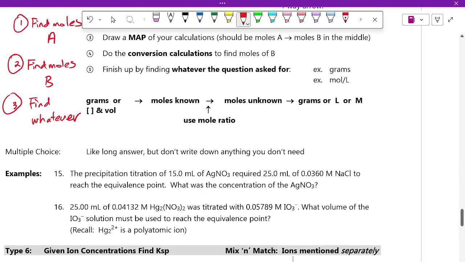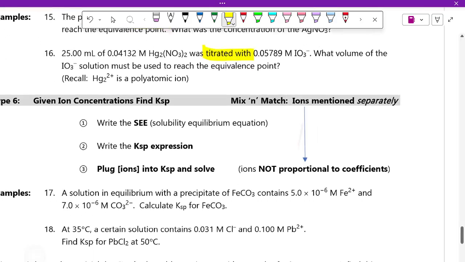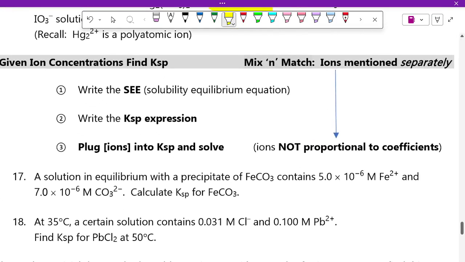So how was that? Look, there's the word titration. There's the word titrated. Yes, easy enough. There is a type 6, but this one, let's just read the question.